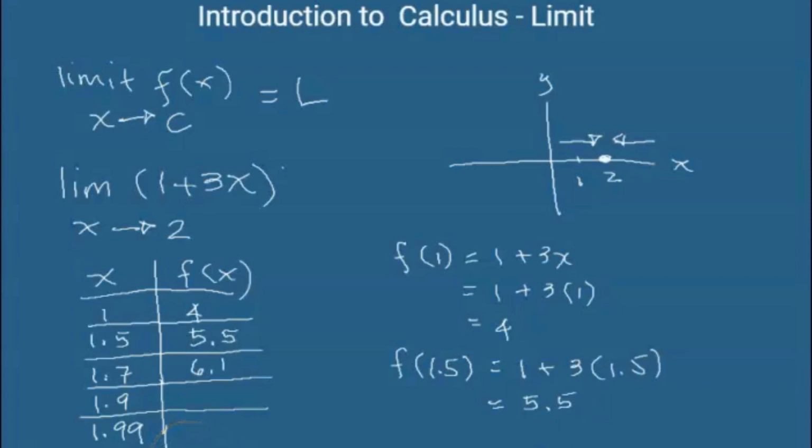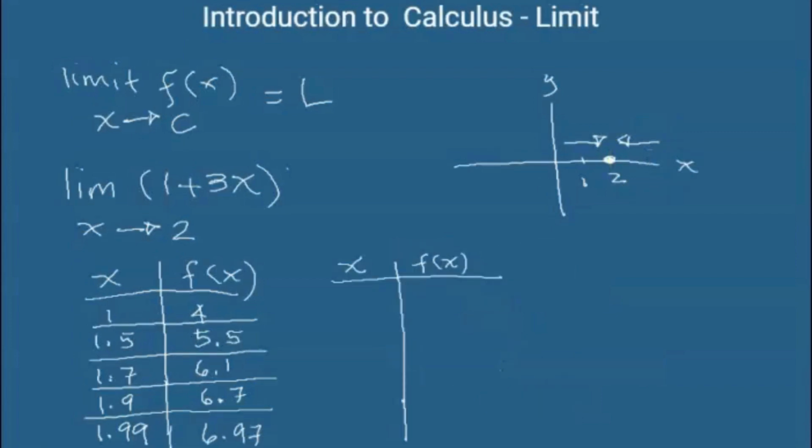For 1.9 we'll get 6.7. For 1.99 we'll get 6.97. Okay, now let's do values of x from the right as it approaches 2.